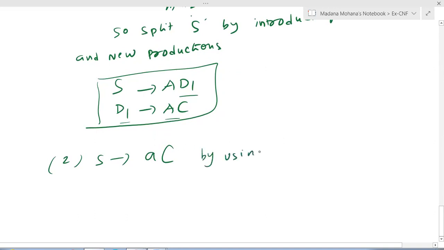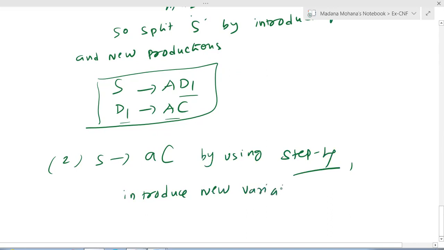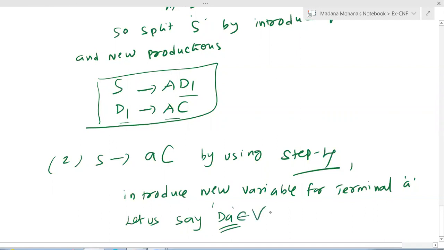By using step 4, introduce a new variable for terminal A. Let us say D suffix A is the new variable.